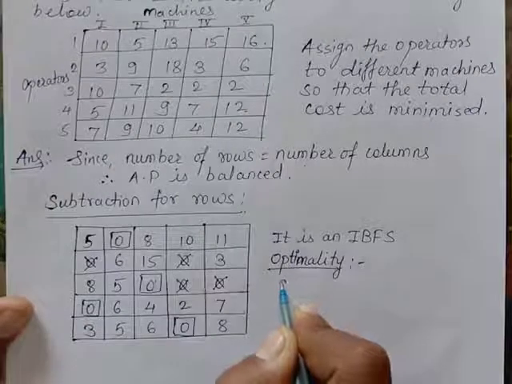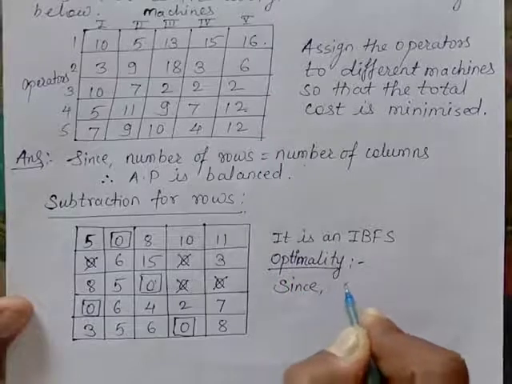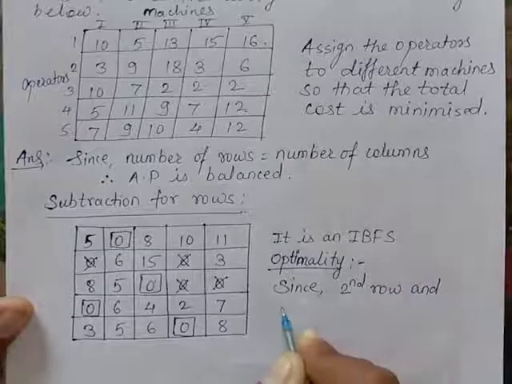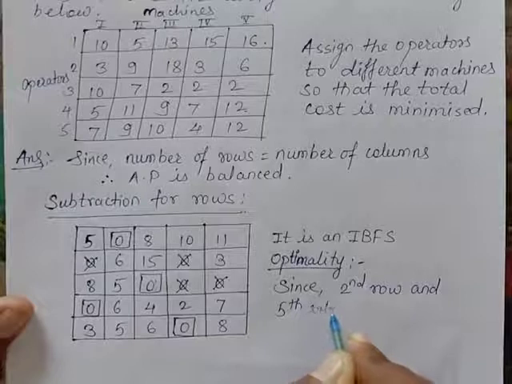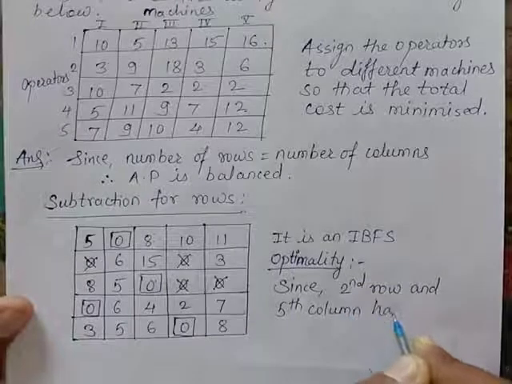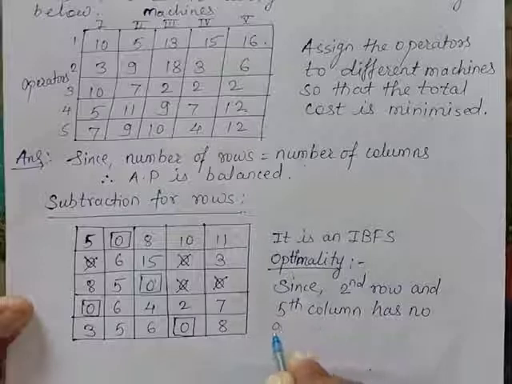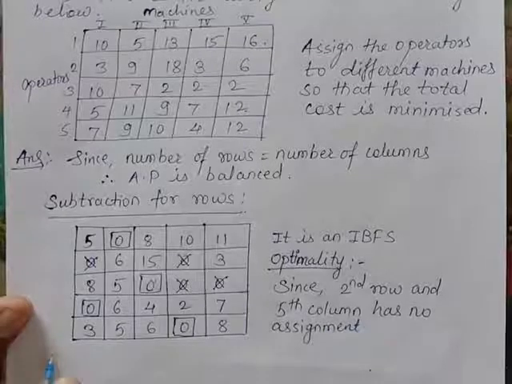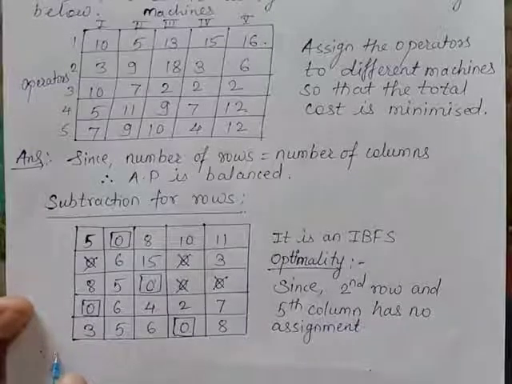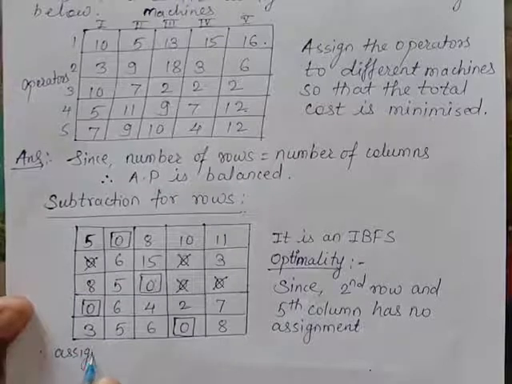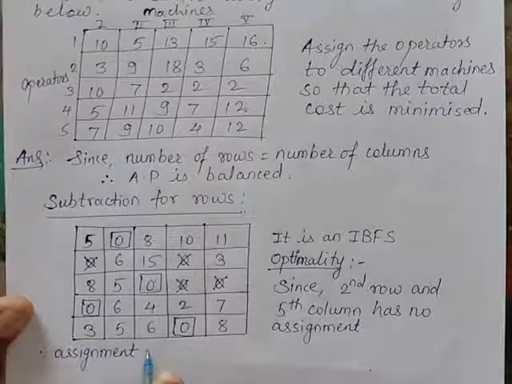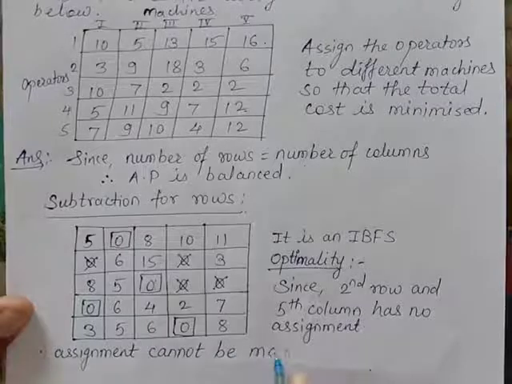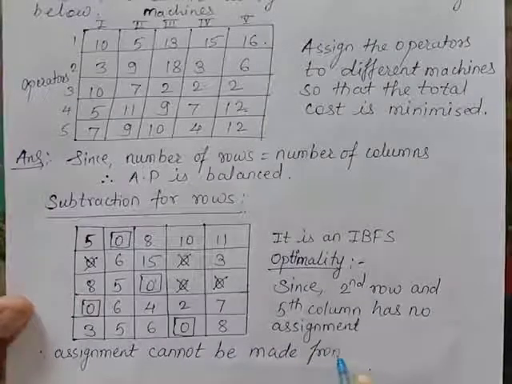Since second row and fifth column has no assignment. Therefore assignment cannot be made from this IBFS.